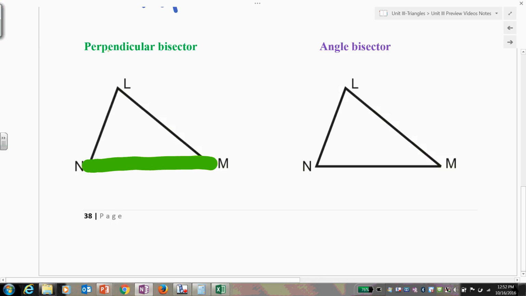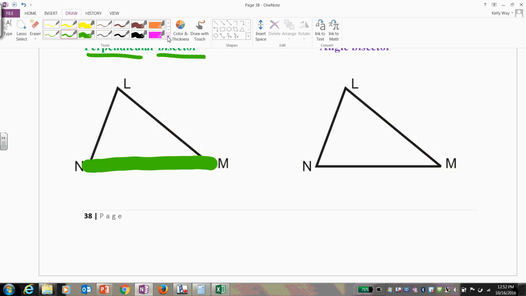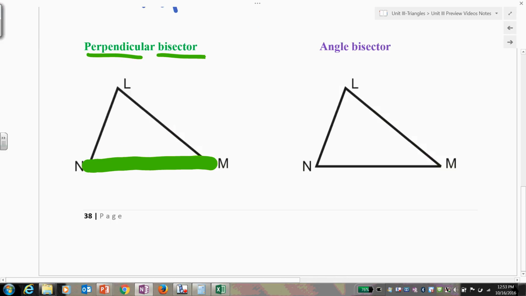A perpendicular bisector is perpendicular to the side and cuts it in half. It does not necessarily go through the vertex. So there would be the midpoint. And then we're going to trace a segment that is perpendicular to that side and goes through that midpoint. That's called a perpendicular bisector.